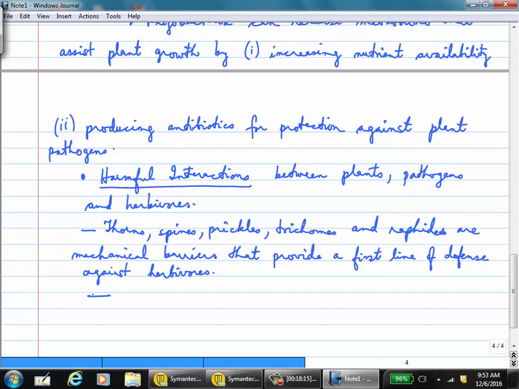Then in addition to that, you could have some secondary metabolites. Primary metabolites are things that the plant needs just to survive, to carry out the basic functions, like all the enzymes that you need for glycolysis, TCA cycle, and so on. But secondary metabolites are things that the plant may not need, but if it's attacked by some herbivore, then it's going to make use of those. So secondary metabolites are stored in compartments.